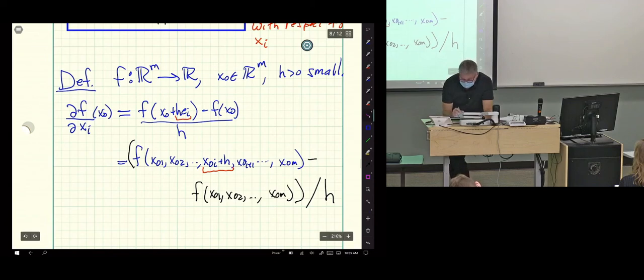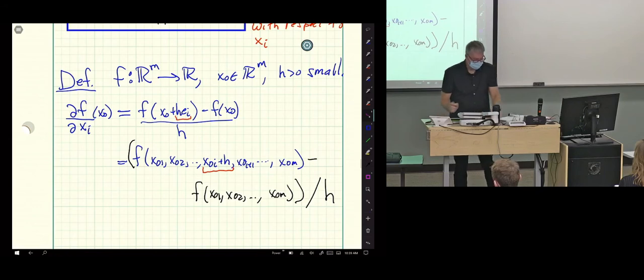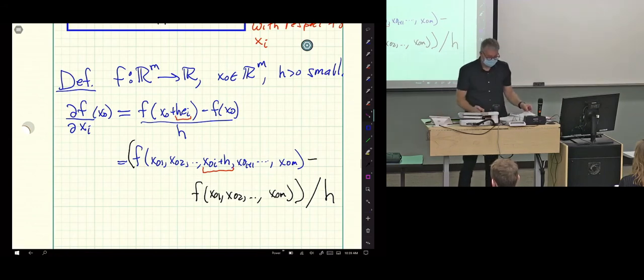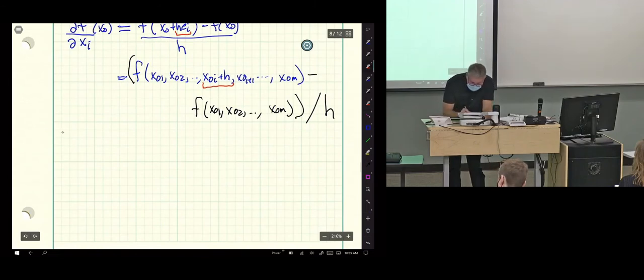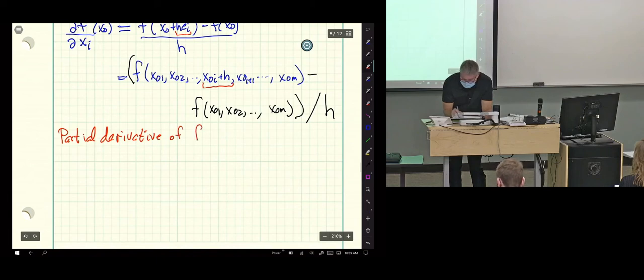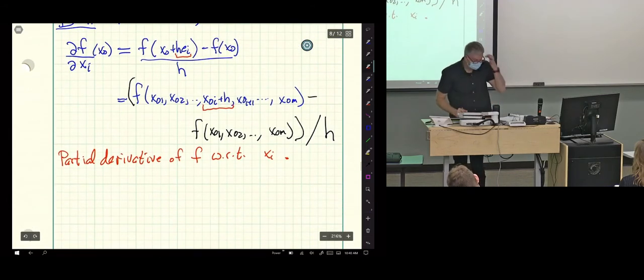So what we're doing is we're holding everything constant except the ith component of x, and then we're getting a local slope of that. And this is called, once again, the partial derivative of f with respect to the ith component.